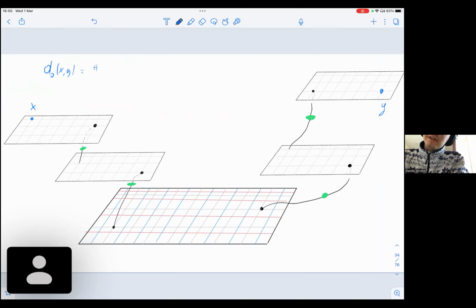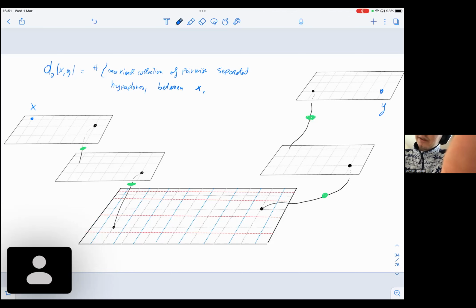It is the size of a maximal collection of pairwise separated hyperplanes, each of which separates x and y. Or let's just say it is between x and y, to not use the word again.